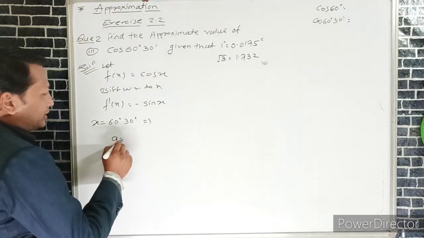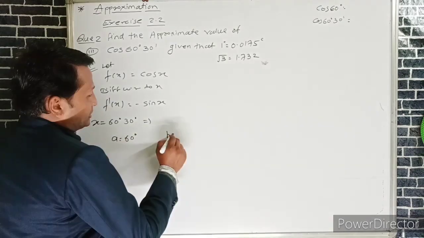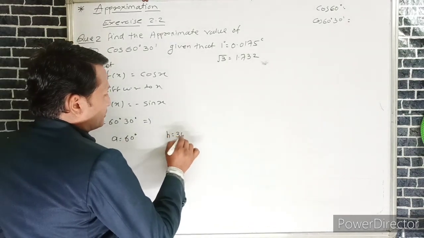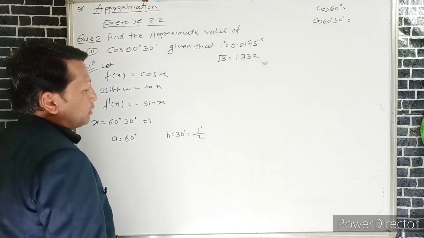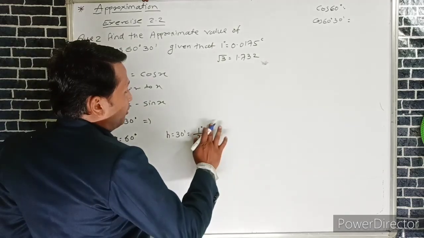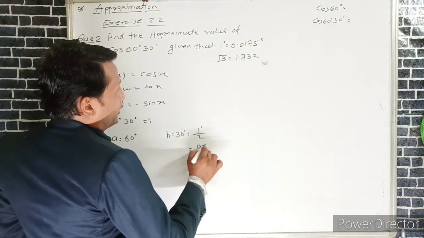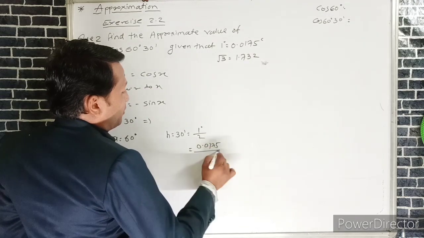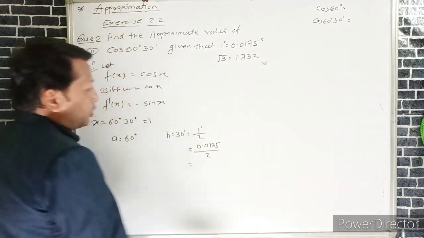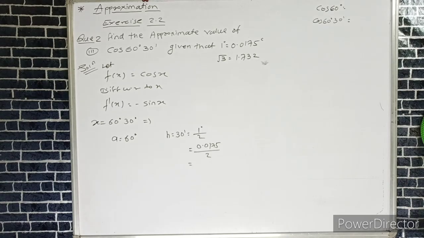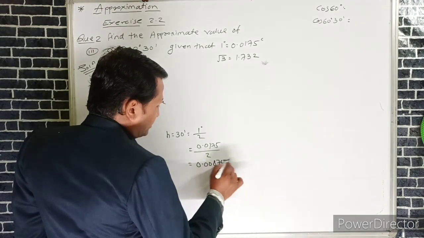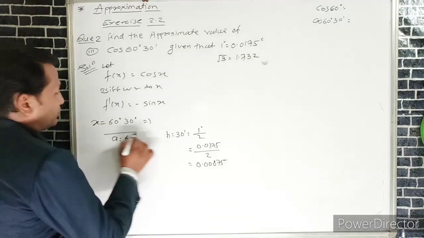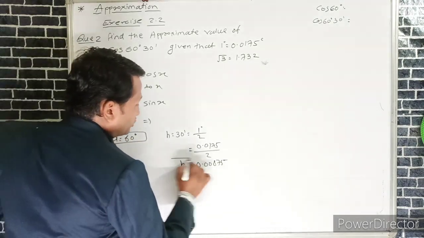Hence we consider a as 60 degree and h as 30 minutes, which is half a degree. The value of 1 degree is 0.0175, so half is 0.0175 upon 2, which is 0.00875.